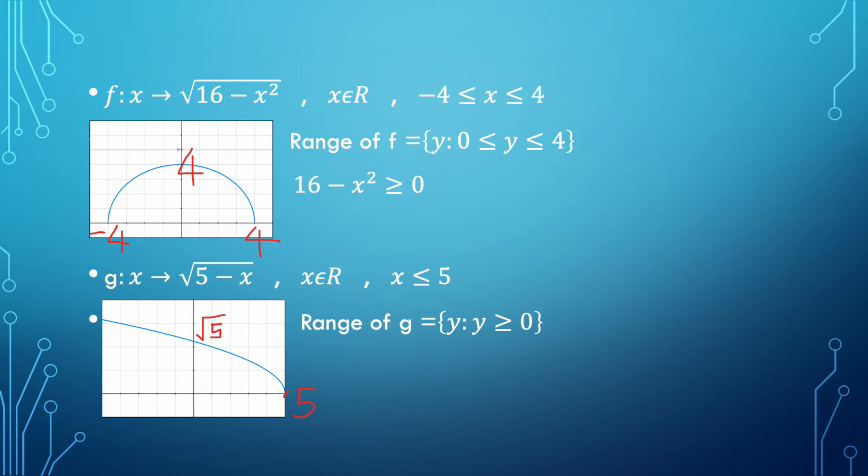From the function given, we can obtain the x-intercept and y-intercept. When x equal to 5, we get y equal to 0. And x equal to 0, we get y equal to square root of 5. From the graph sketching, we can find the range of function g equal to the set y such that y is greater than or equal to 0.